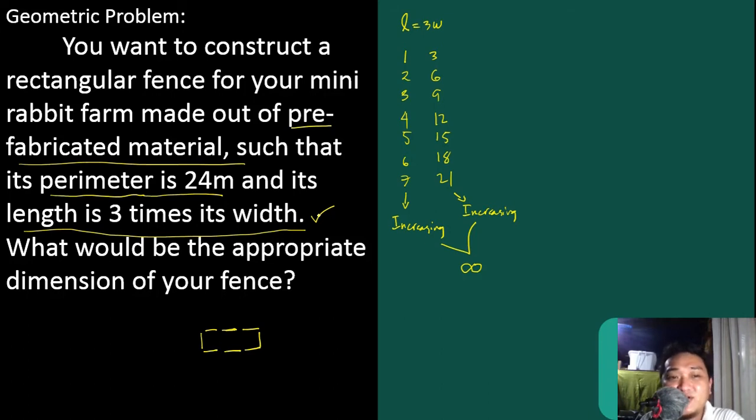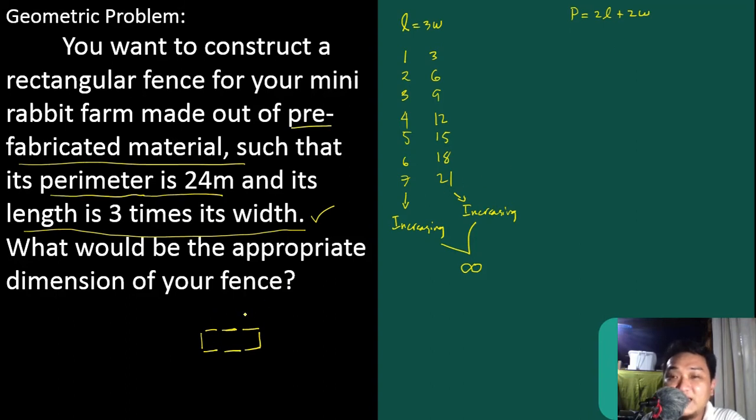Okay, so tapos na nating imbestigahan yung second situation. We will now proceed to the first situation. The perimeter daw dapat is 24 meters. At alam naman natin on how to solve perimeter from our elementary. Perimeter is just P is equivalent to 2 times the length plus 2 times the width.